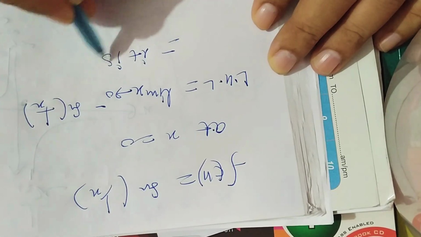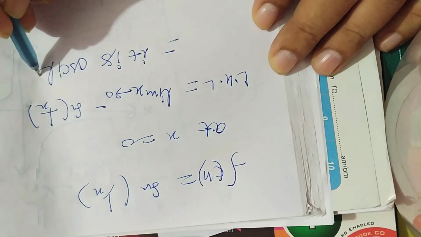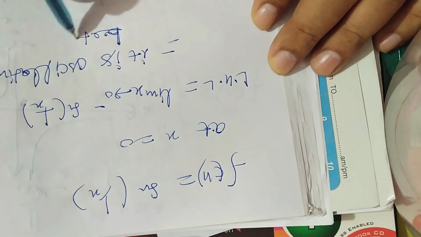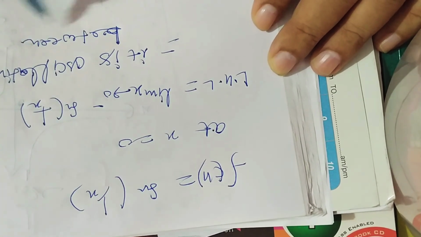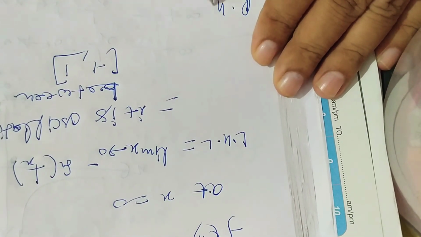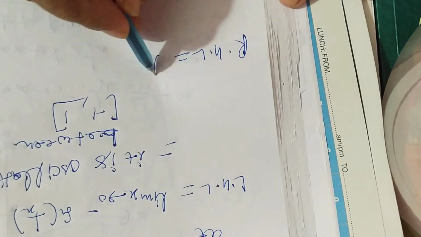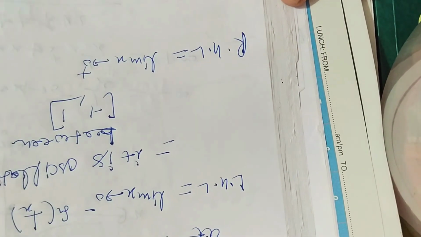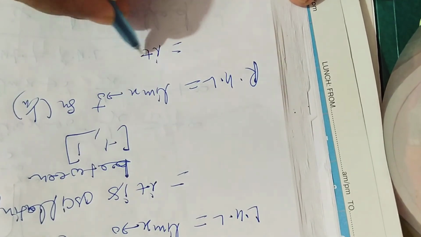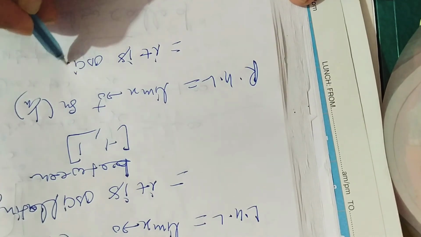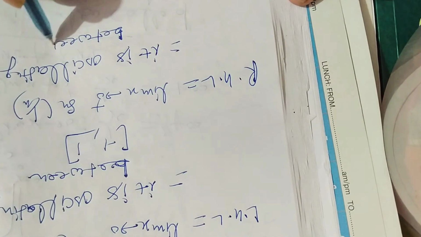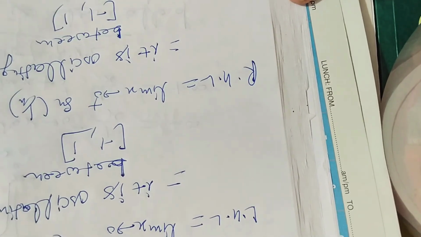It is oscillating between minus 1 to plus 1. RHL, the right hand limit at x equal to 0, we write limit x tends to 0 positive of sin 1 upon x. It is oscillating between minus 1 to plus 1.